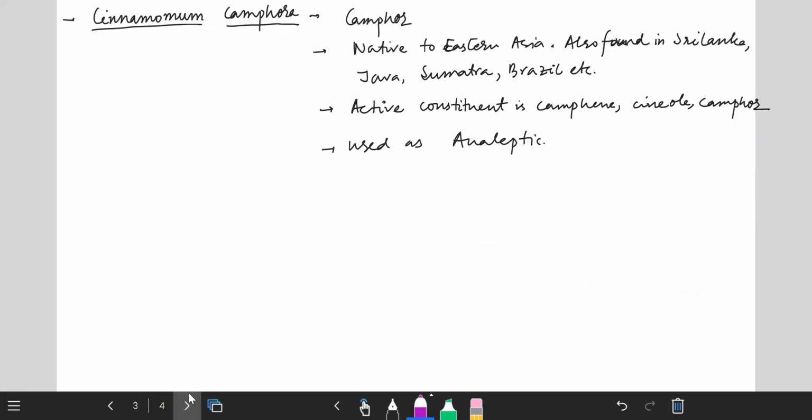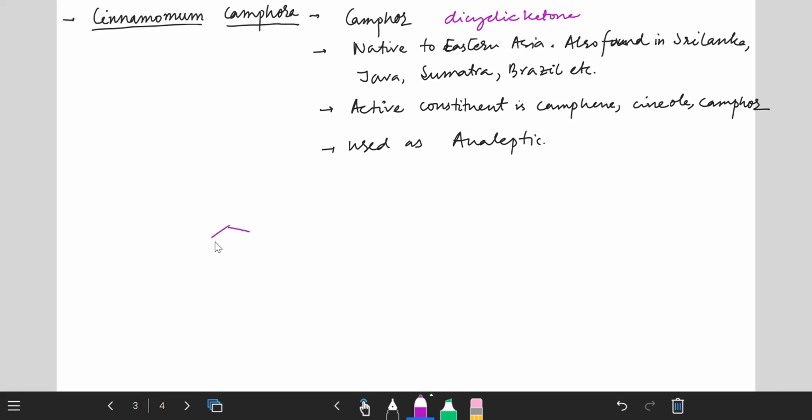Now coming to the next species, Cinnamomum camphora, from which we obtain camphor. Camphor is a dicyclic ketone. We will understand what dicyclic means.